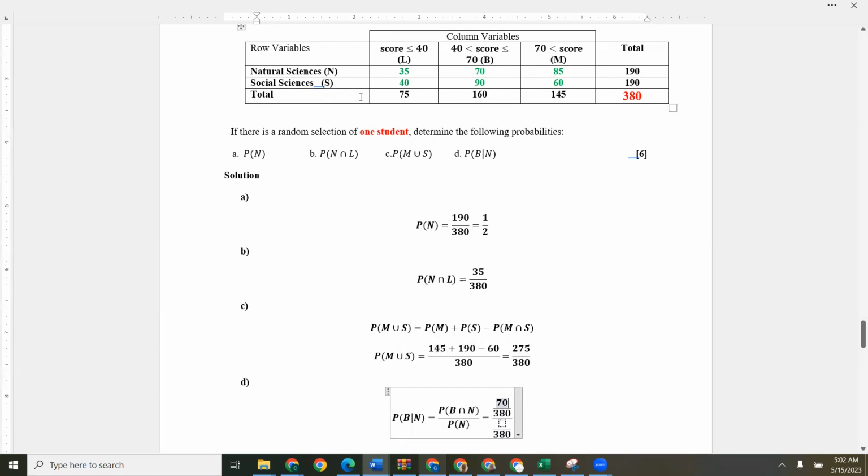How many students are from the natural sciences out of the 380? 190. Here the 380 cancels out by virtue of dividing fractions: keep, change, and flip. So we are left with 70 over 190, which simplifies very easily to 7 over 19. So here is an example of the use of the contingency table for probability analysis.